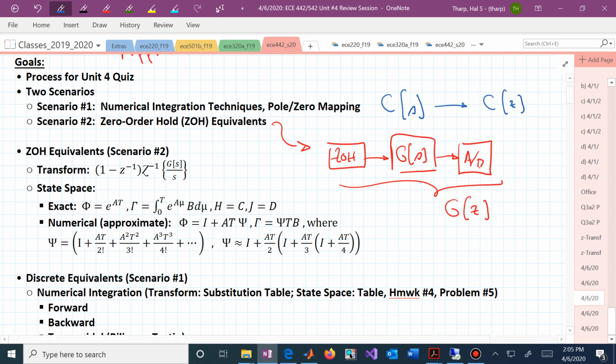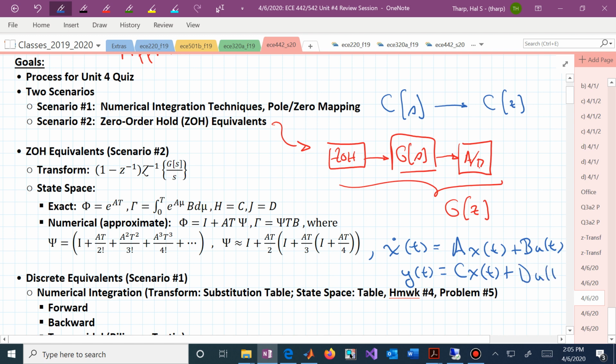And the state space representation is then using notation-wise, the system matrix is A, the input matrix is B, the output matrix is C, and the direct feed-through matrix is D. For A, B, C, and D, you obtain these different types of discrete equivalents.